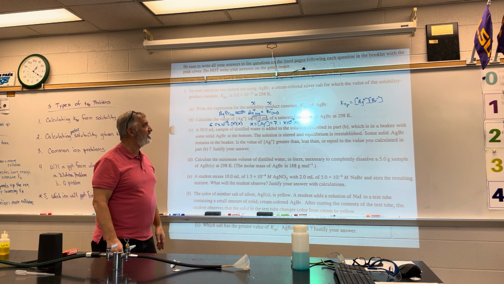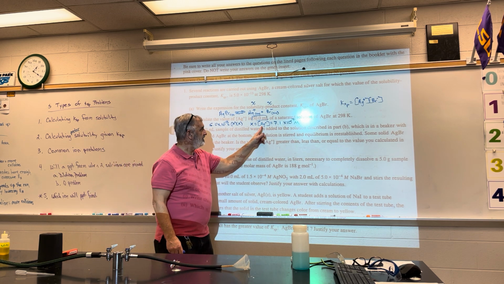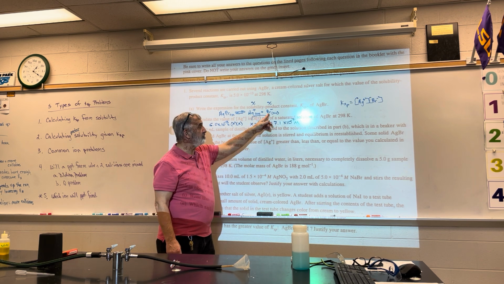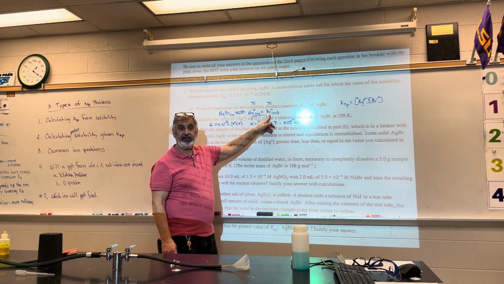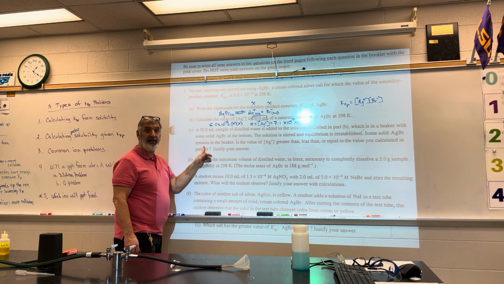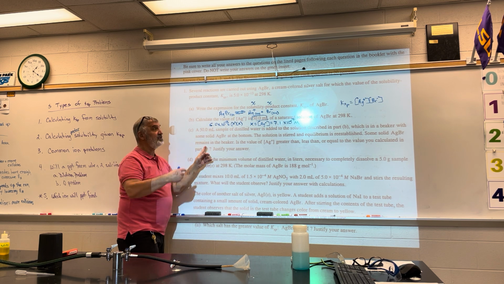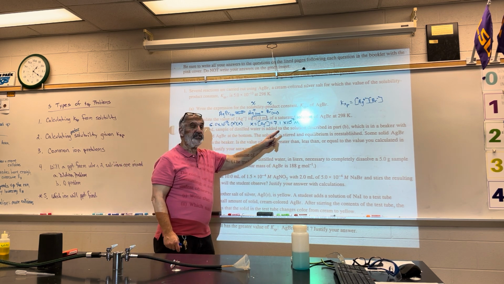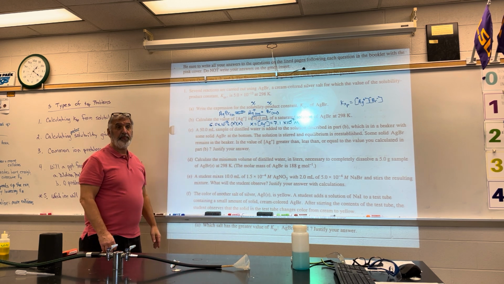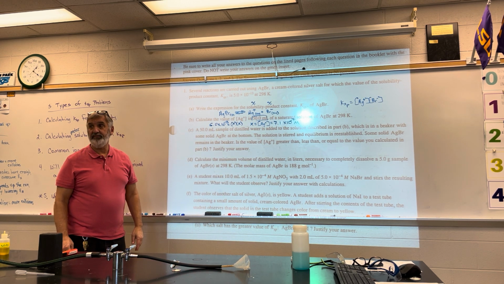Well, when's Q going to equal K again? When silver is back to that. And for silver to be back to that, the bromide's going to be back to that. Right? So more is going to dissolve. As long as there's still some sitting in the bottom, more is going to dissolve until it gets back to where it was before, because the only thing that's going to change these numbers is temperature. Okay?